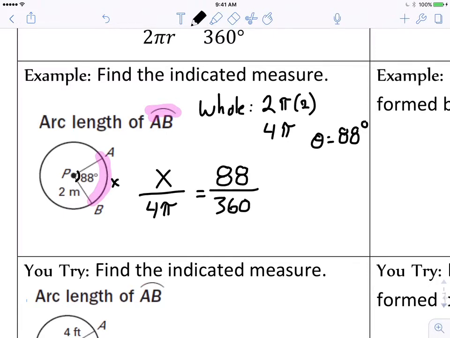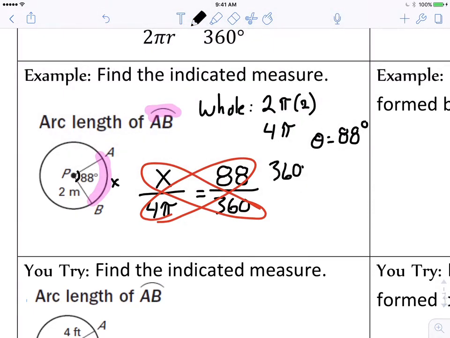Now we have a proportion with only one variable. We can solve this by cross-multiplying. So we would multiply one direction is 360 times x, the other direction 88 times 4 pi. So it'll be 360x equals 88 times 4 is 352.